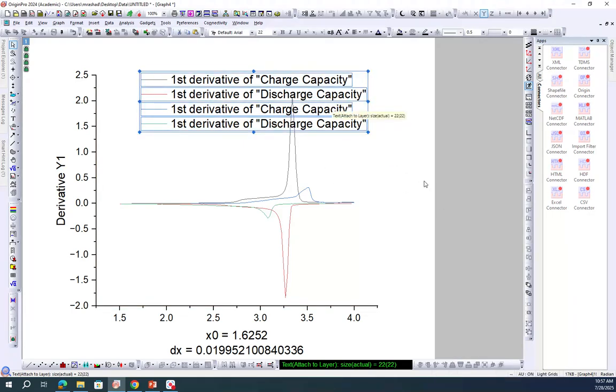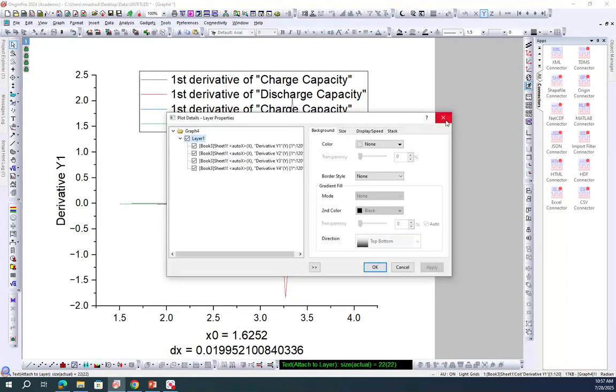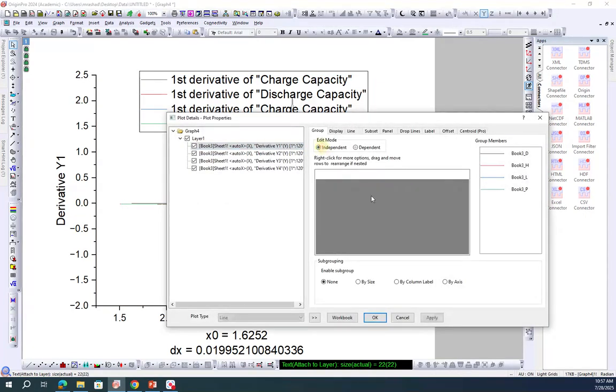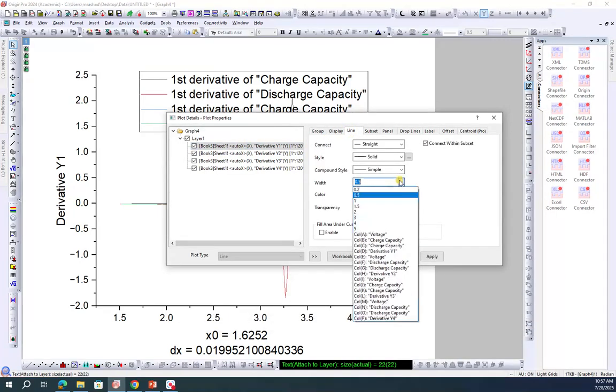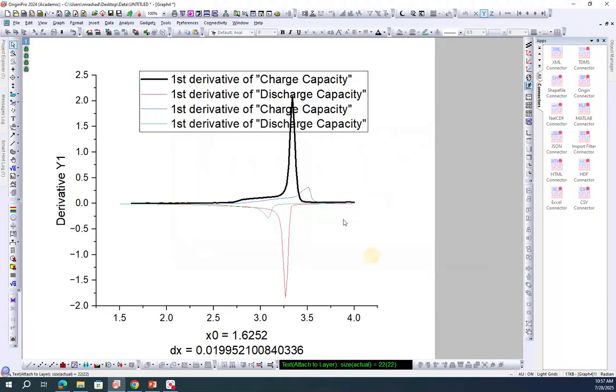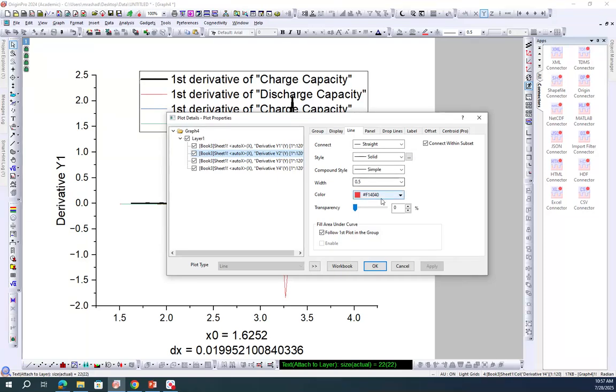Okay, let's first make these graphs independent, so that we can change the color. Okay, let's make it 3, black. Okay, and this one also black, and change to 3.